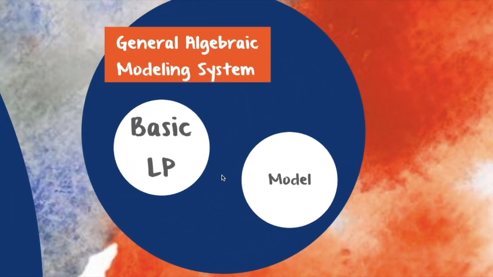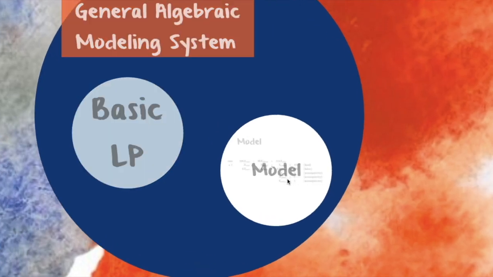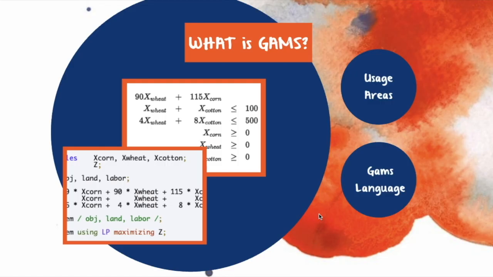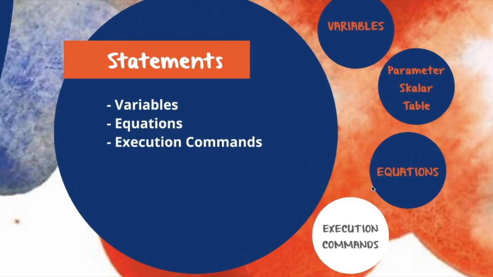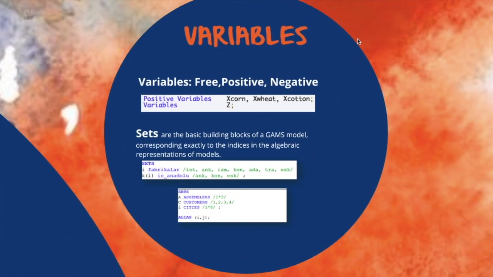Okay, so we have this model, and in order to use Gams, we have to know some expressions and statements. Generally, these are variables, equations, and execution commands. Let's see how we can define the variables in Gams.